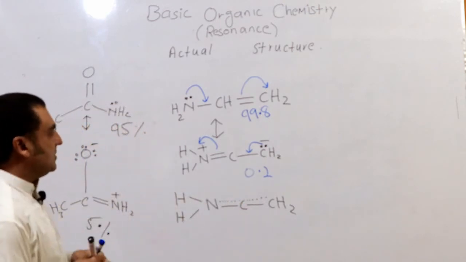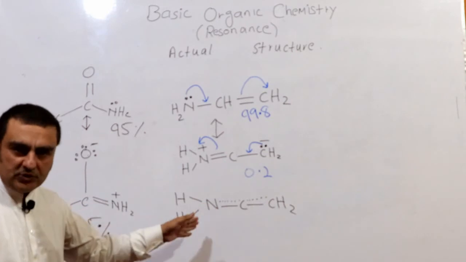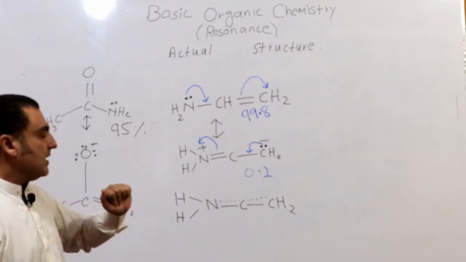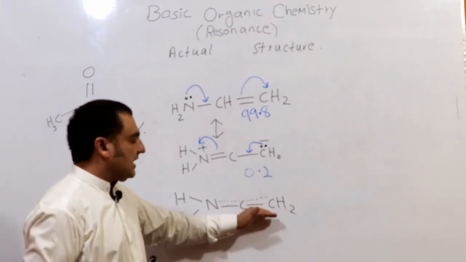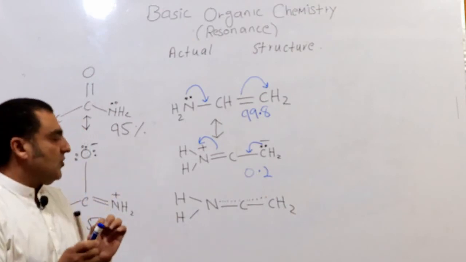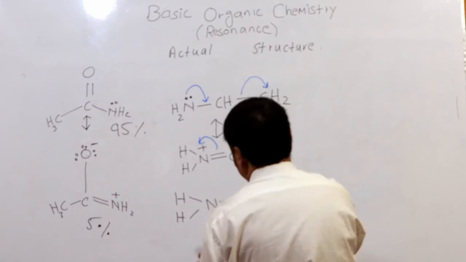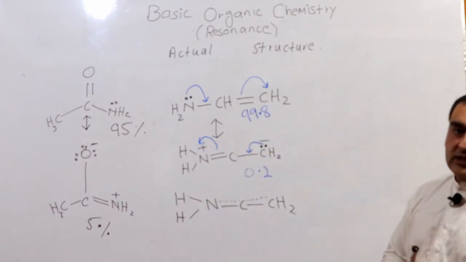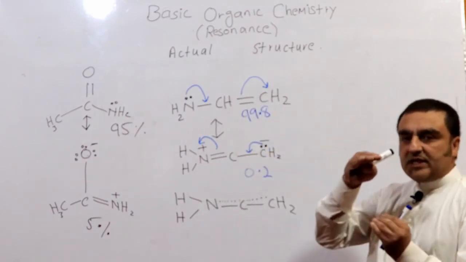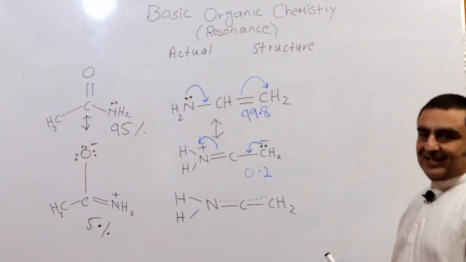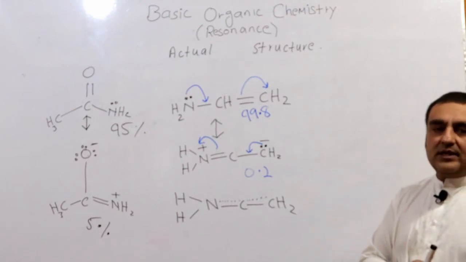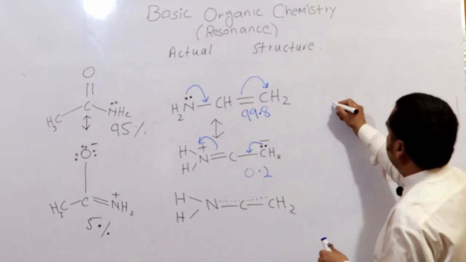So we know that in the actual structure, the lone pair is present on the nitrogen, but the carbon is a little bit more negative than a normal carbon, and the nitrogen has a little bit less electron density than a normal nitrogen. What is a normal nitrogen?